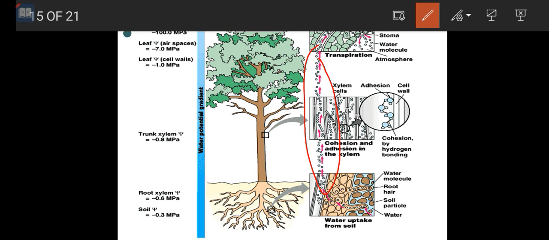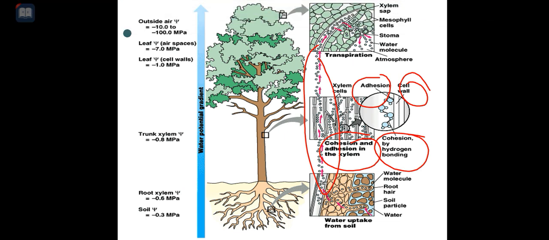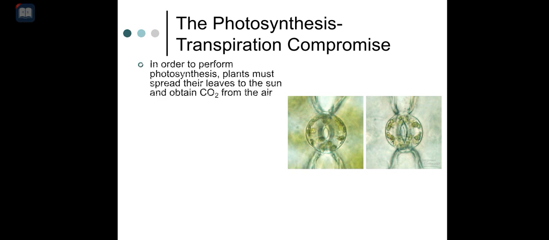The cohesive and adhesive xylem: the adhesiveness you can see, this is the cell wall, and this is the cohesiveness of the hydrogen bonds. It is very deeply linked to photosynthesis and transpiration.